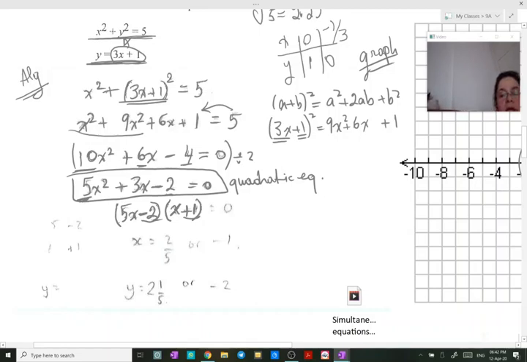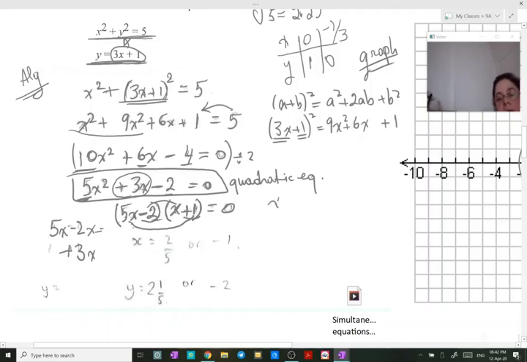Now we have to check if our factorization gives us the middle term. So you start multiplying: 5x times 1 is 5x, and minus 2 times x is minus 2x, which gives you plus 3x, which is right. So the way that you've stated the factors here, it's right. This is equal to 0.